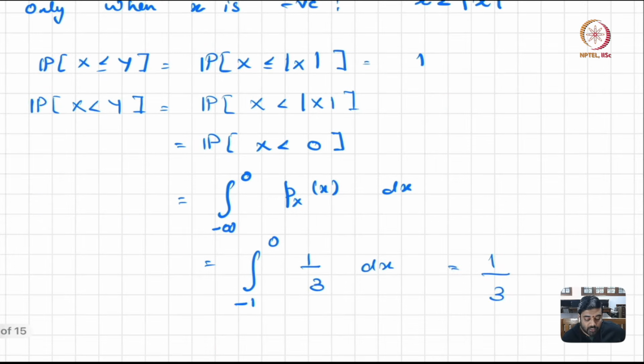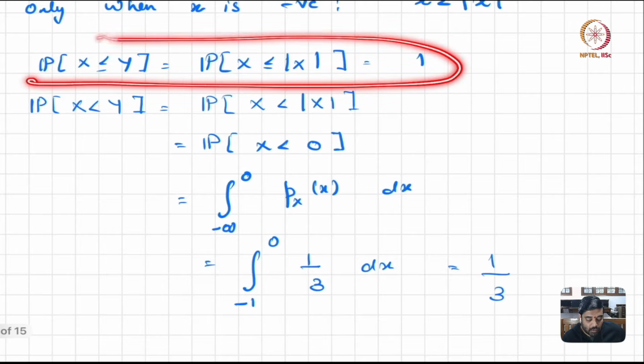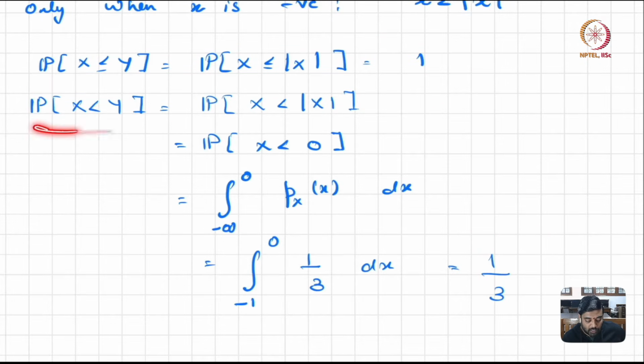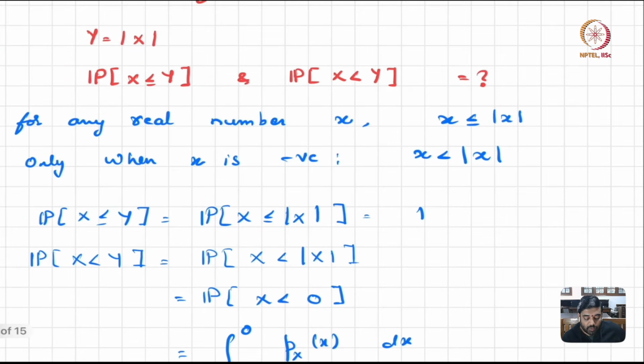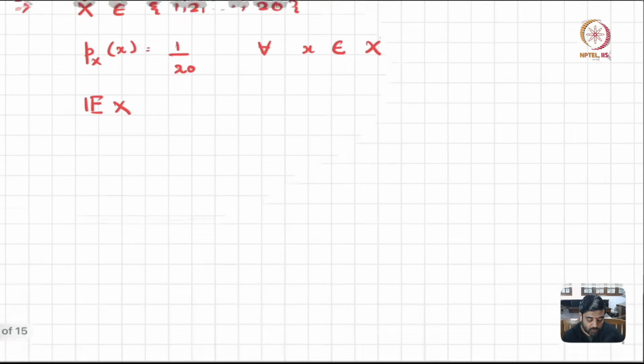This can change: for one, see what is happening, and for the other, see what is happening. Please be vigilant with these kinds of things. I assume that the takeaway message is clear from this question. Okay, so now let's go to the next question.